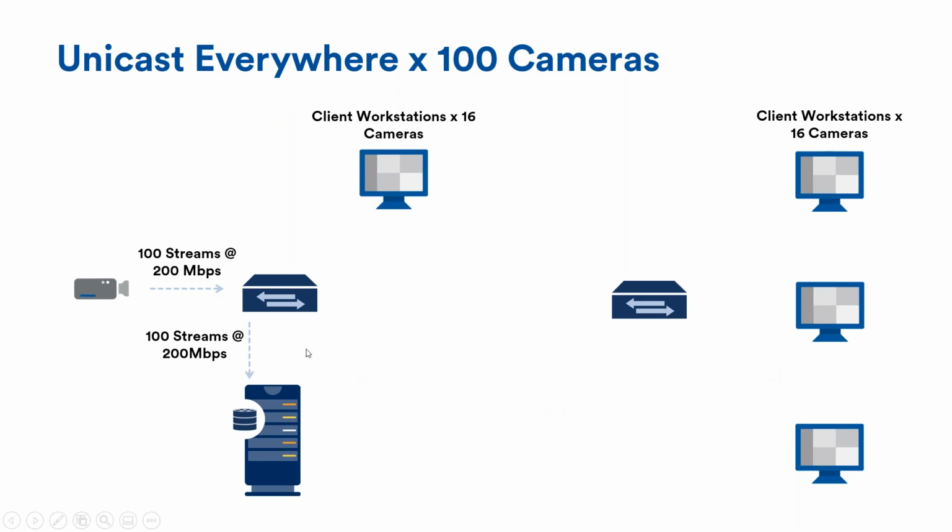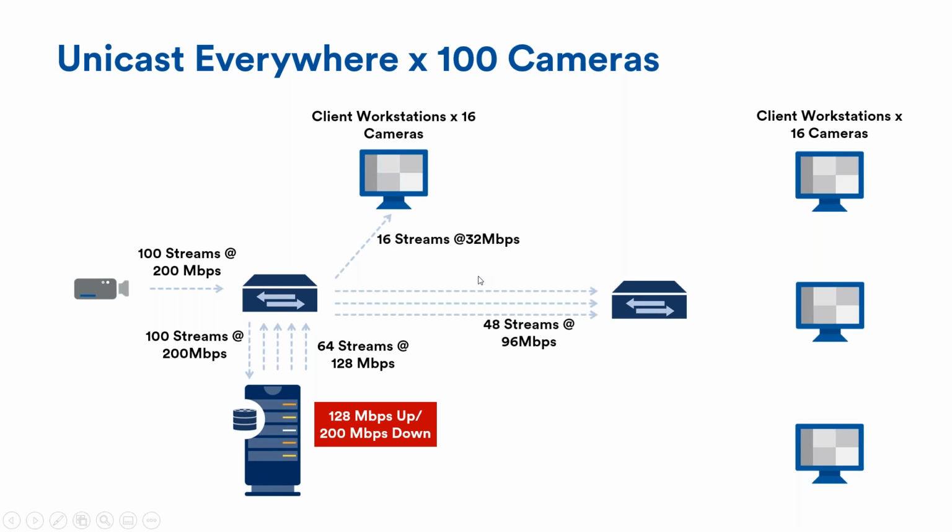So what's going to happen is the archiver is going to receive 100 camera streams for a total of 200 megabits per second for recording, and then to support the workstations, the archiver is going to send out 64 streams. So we have 4 workstations, each requesting 16 cameras. That's 4 times 16 is 64. 64 times 2, that's 128 megabits per second.